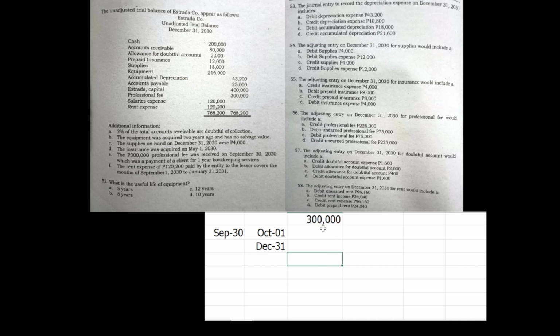kasi nga, yung initial entry na ginawa ng bookkeeper is, nag-debit siya ng, again, na naka-receive tayo ng cash. So, cash, and then credit tayo ng professional fee. Ito yung naging initial entry, ha. Initial entry, basta pag sinabi natin initial entry, ito yung entry upon the occurrence of the transaction.